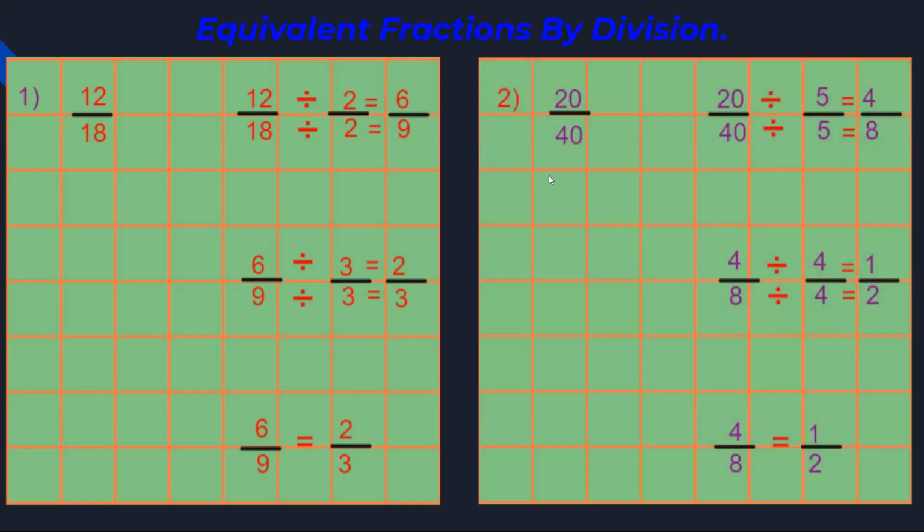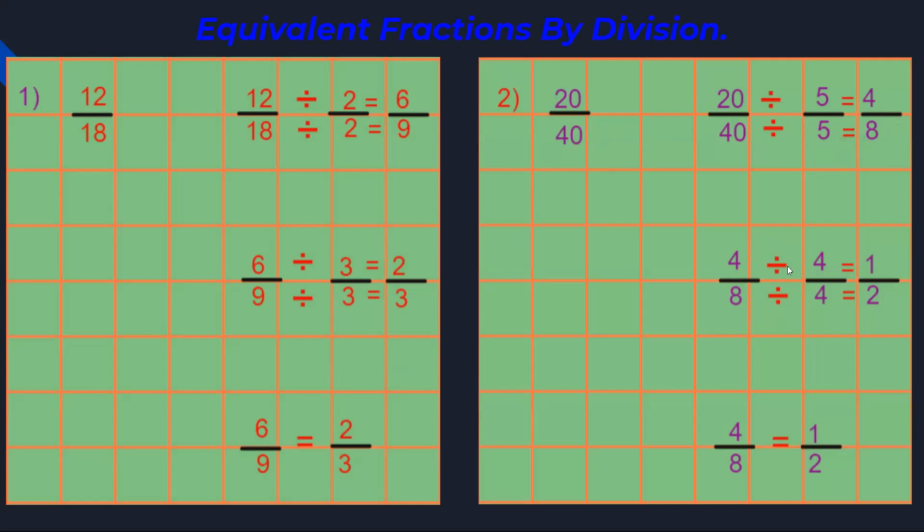One more example. The question is 20 upon 40. 20 and 40 both are divisible by 5. So 20 divided by 5 upon 40 divided by 5 equals 4 upon 8. Now 4 upon 8 are divisible by 4.